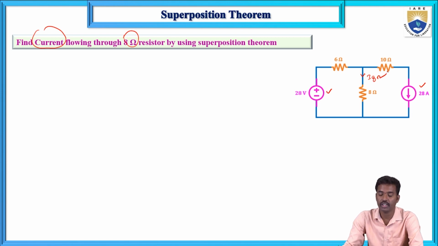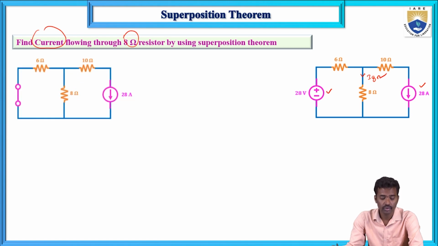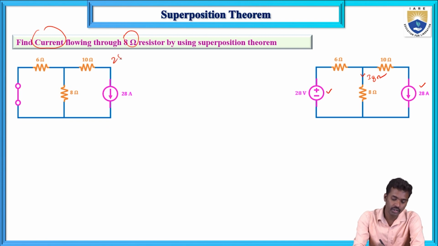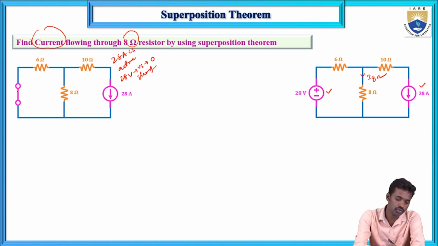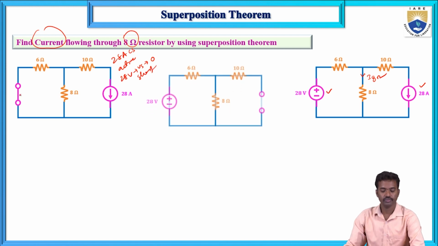By mesh analysis we can calculate it, but here we use superposition. Now the 28 amp current source is active and the 28 volt voltage source is deactivated. That means its value is 0 and it is replaced by a short circuit.